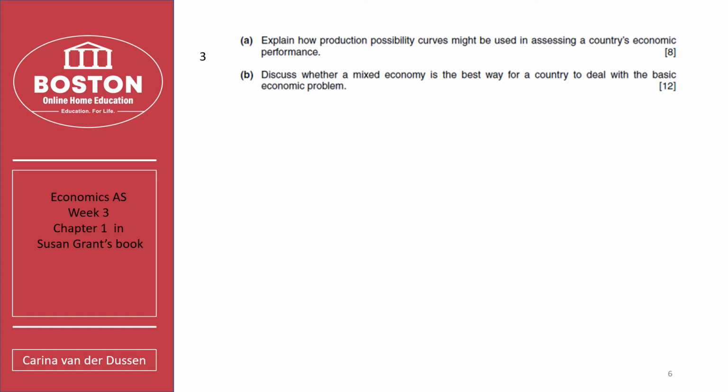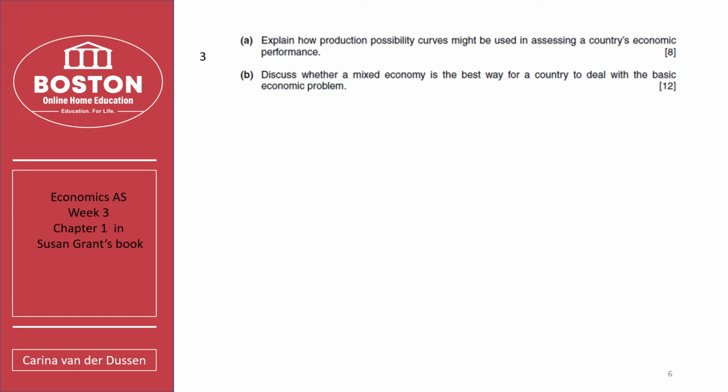Right, so once you've given your knowledge, you've explained, and you have applied your free market economy to some examples and your planned economy, you are analyzing, saying there were problems, there were disadvantages in the free market economy, and there were disadvantages in the planned economy. And then use your strongest points to explain and to say, yes, a mixed economy is the best way.